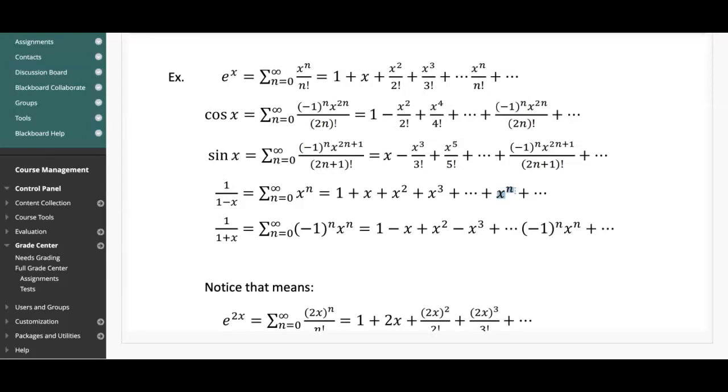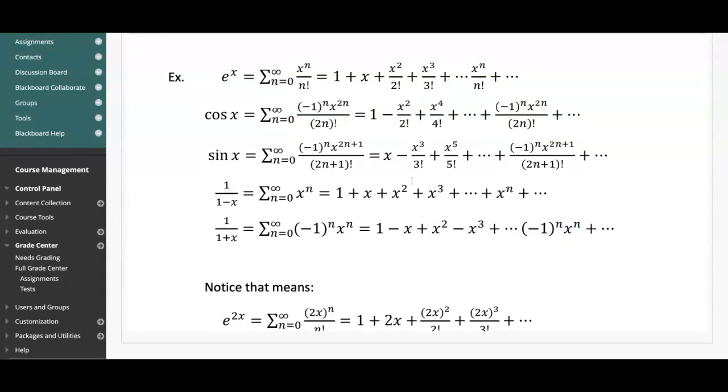The nth term is x raised to n. We have 1 over 1 plus x, right? This one alternates. Again, we get an alternating series: 1 minus x plus x squared minus x cubed. So the nth term is negative 1 raised to n, times x raised to n.